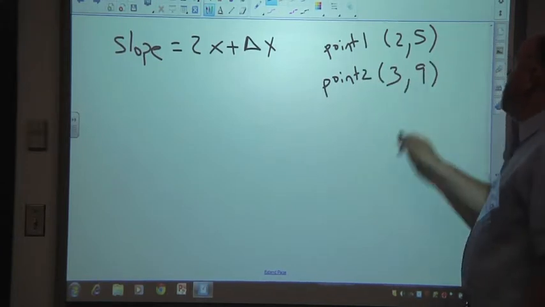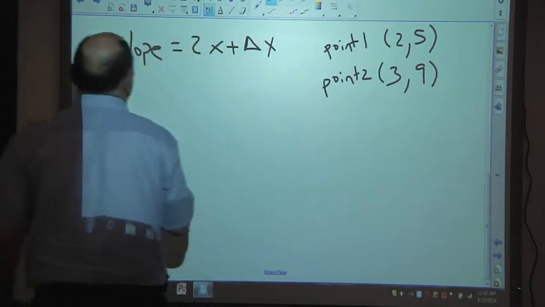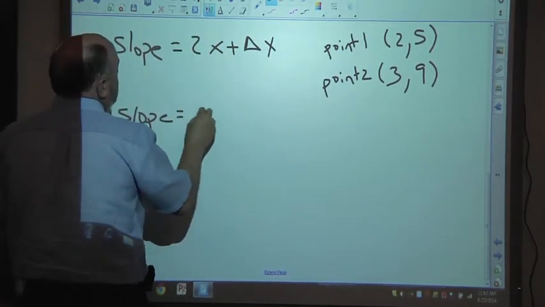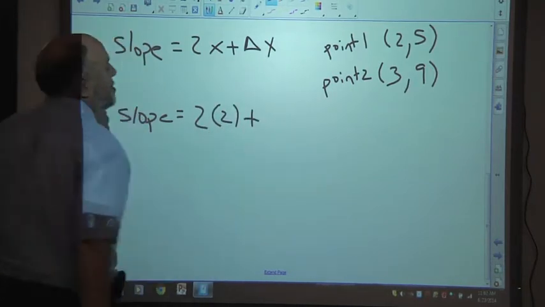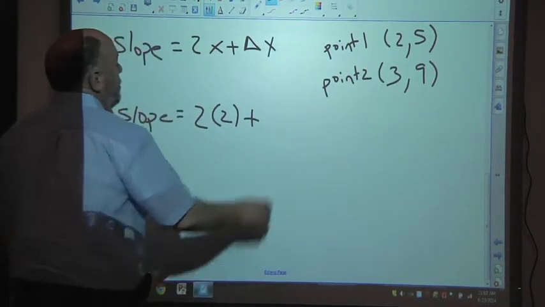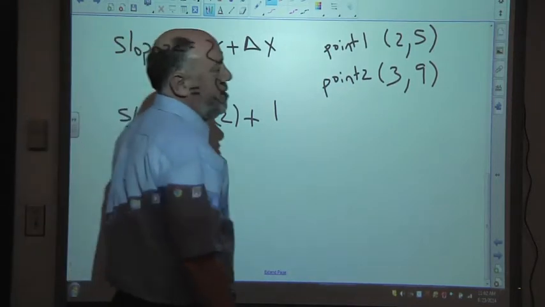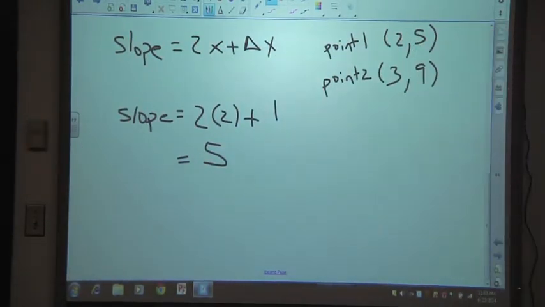Well, what is the slope? This says that my slope will be given by 2 times my x, so 2 times 2, plus the change in x. Well, the change in x from 2 to 3 is only 1. My slope will be 5 at that point. So 2 times the x plus the delta.